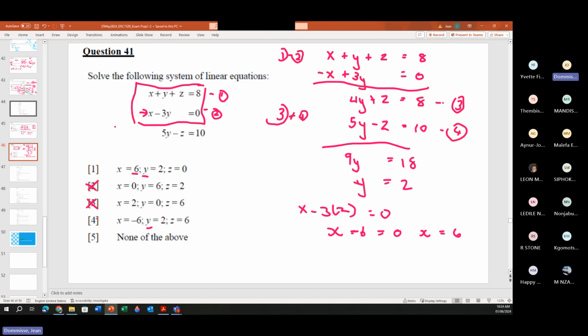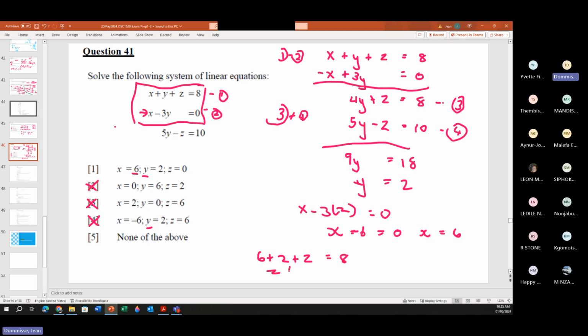X is 6, minus 6 falls away. And then to make 100% sure, we put in y equal to 2 and x equal to 6. So 6 plus 2 plus z is equal to 8.